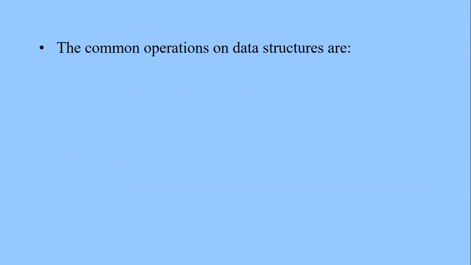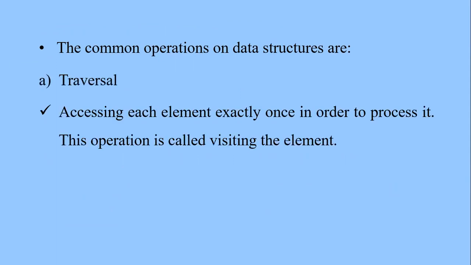The common operations on data structures include, number one, traversal. This is accessing each element exactly once in order to process it. This operation is called visiting the element. Number two is searching.